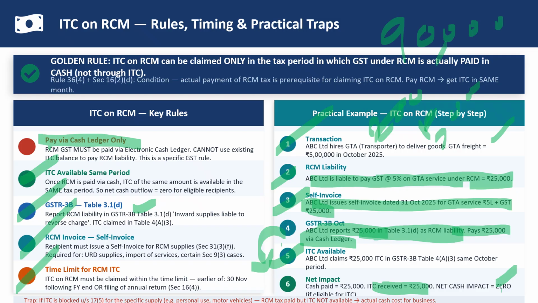Out of this 90,000 regular liability, you can set off the 25,000 paid under RCM. So only the balance 65,000 you have to pay to the government. So under RCM it is not a burden to the recipient, because there is input tax credit for eligible services, not for all services. If it is cab service, then it is subject to discussion again.